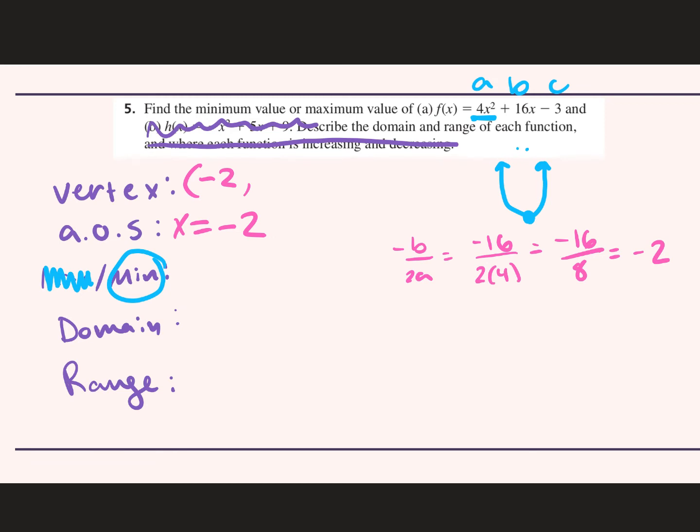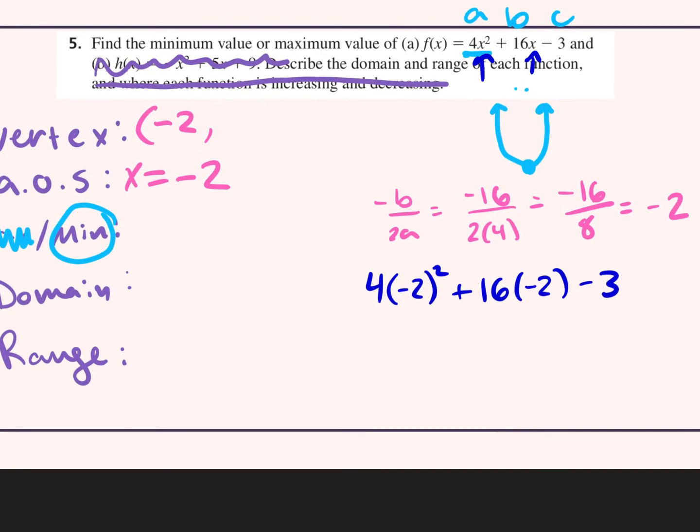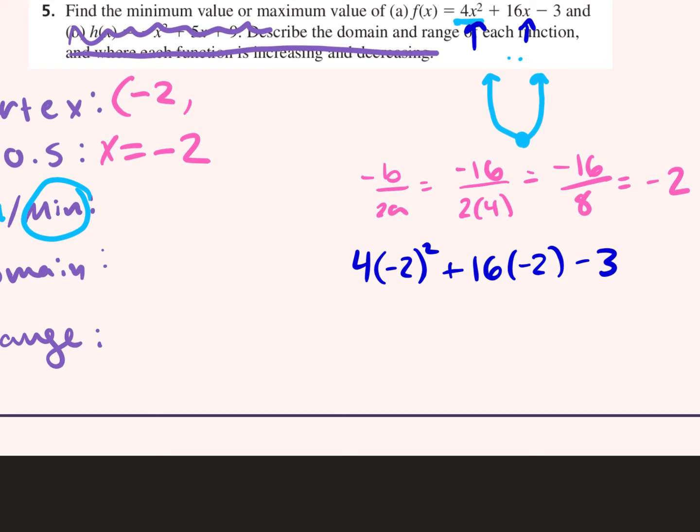How do I find the second number in my vertex? Plug it in. So we plug it into all of our x's in the original equation. So this would be 4 times -2 squared plus 16 times -2 minus 3. Just be careful when you plug it in that you are following your order of operations. So first I have to square negative 2. So that would be 4.